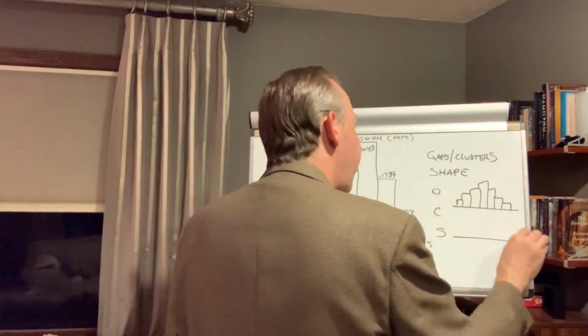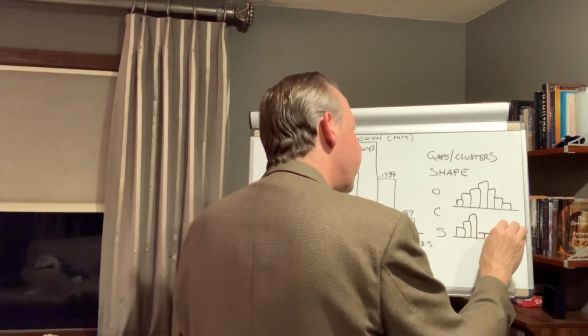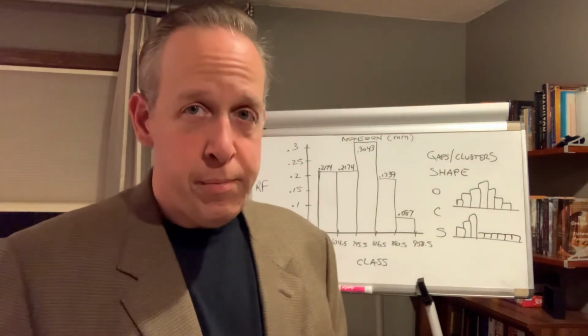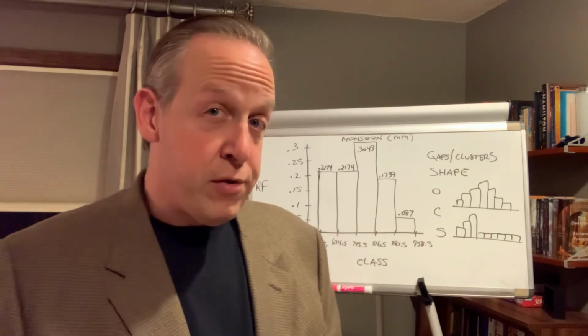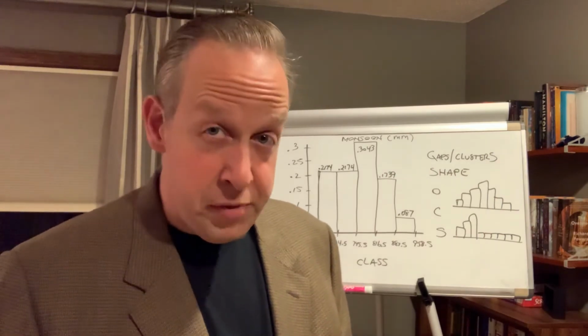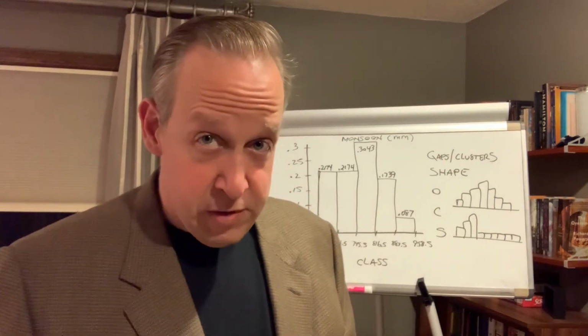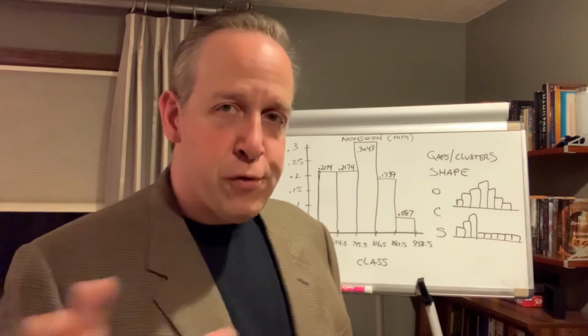If instead we had a whole bunch of values here and then low ones like that, it has what we call skew. The direction of skew is either skewed left, also called negatively skewed, or skewed right, also called positively skewed. The direction you choose is the direction of that trail.